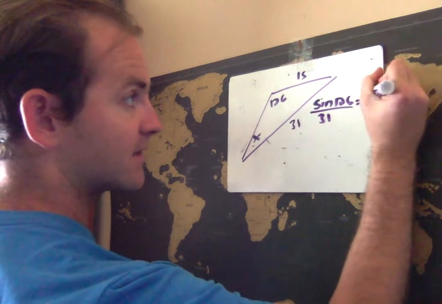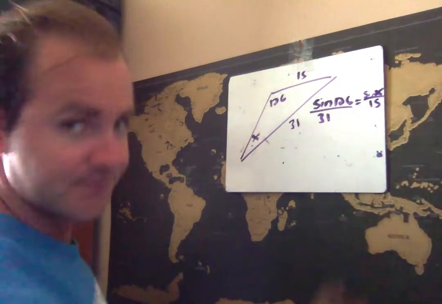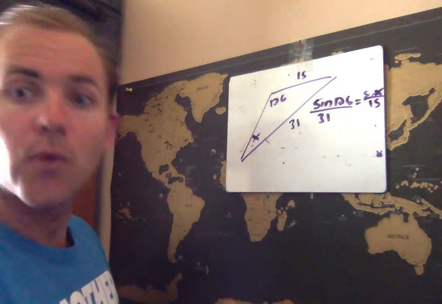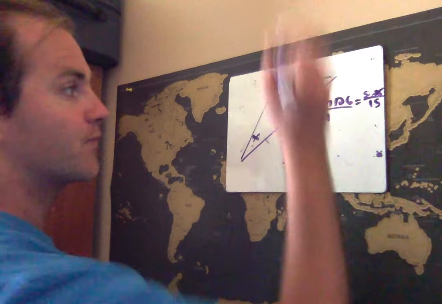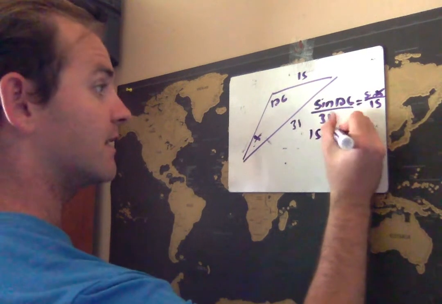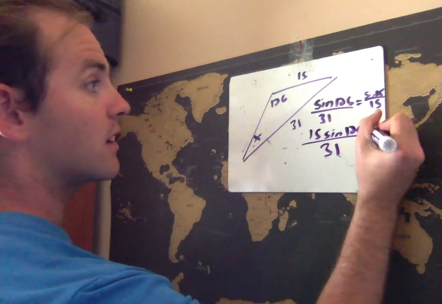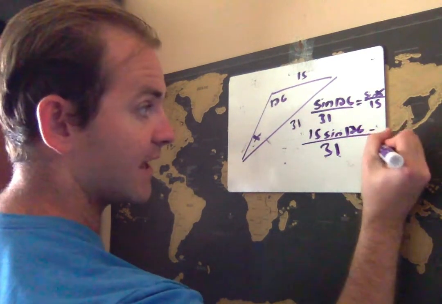Okay, sorry that that's so small. That's my bad. How do I get that sine x by itself? How do I get rid of a divided 15? What's the opposite of division? Multiplication. So I get 15 sine 126 over 31 equals sine x.